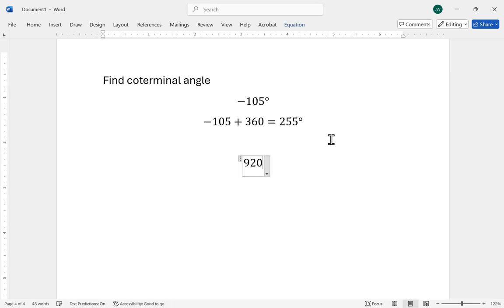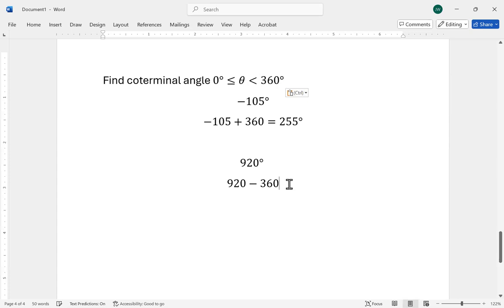Now, if I take 920 degrees, instead of adding 360, I'm actually going to have to subtract 360. And I'd have to subtract 360 a couple of times because if I subtract 360 once, I'm still not between 0 and 360. Remember, I want a coterminal angle such that our angle, which we call theta, is between 0 and 360 degrees.